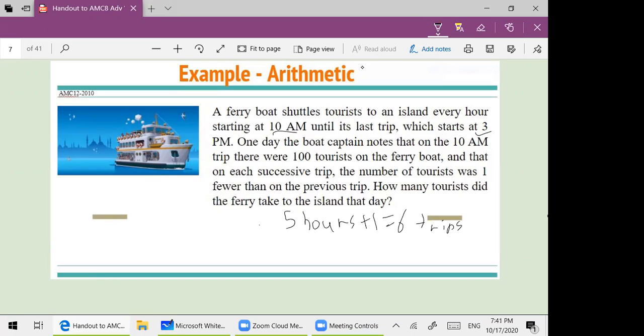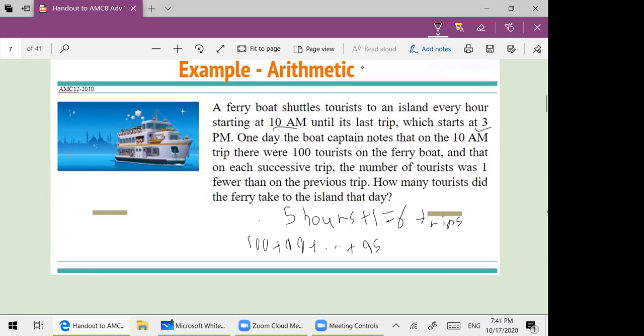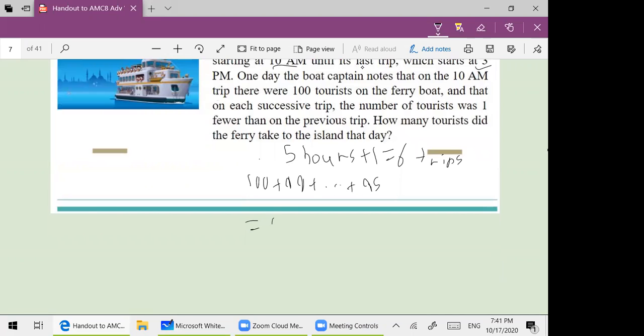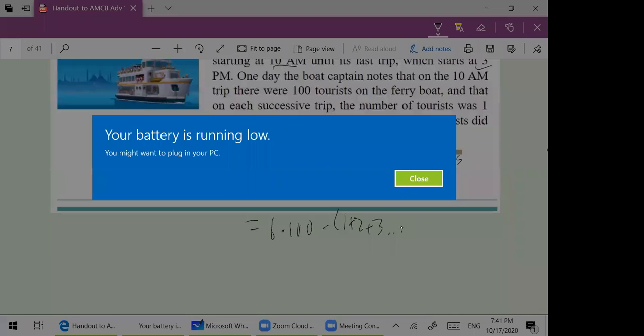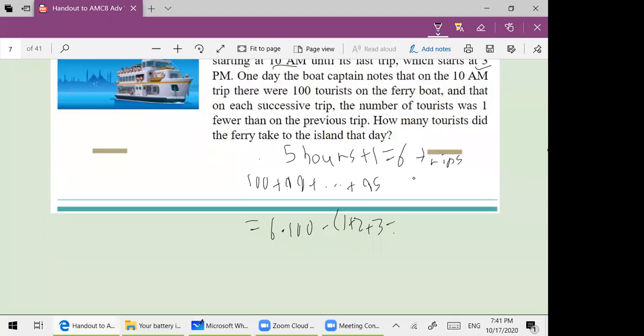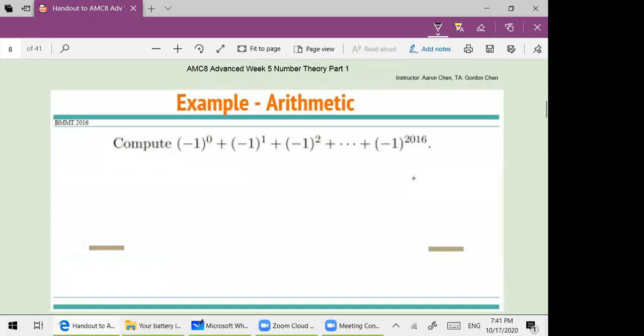So the answer is 100 plus 99 plus dot dot dot plus 95 equals 6 times 100 minus 1 plus 2 plus 3 plus 4 plus 5 equals 600 minus 15 equals 585 tourists. And now here's another easy example.